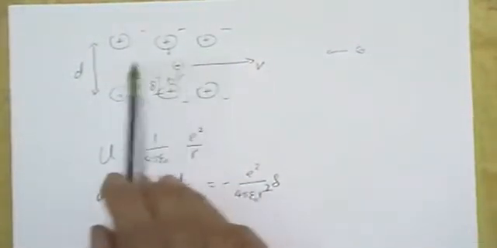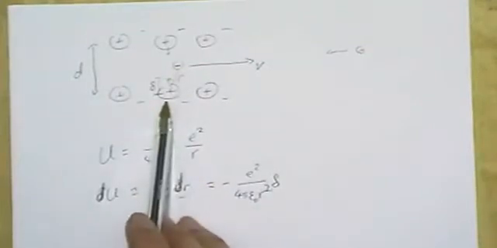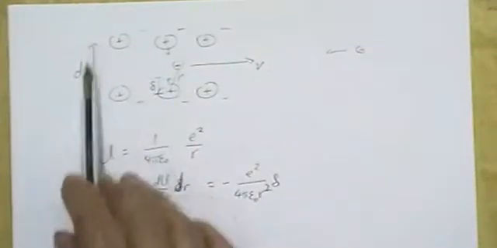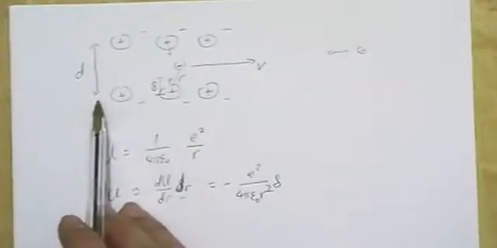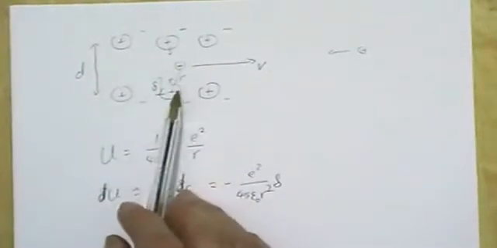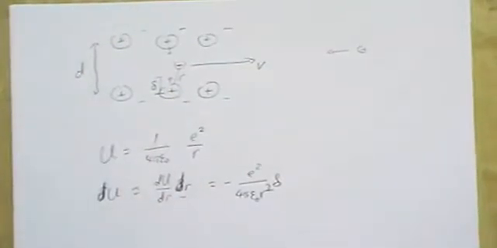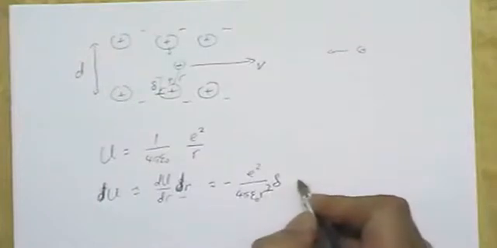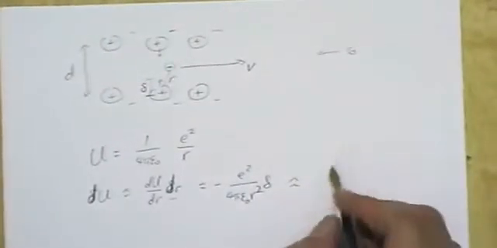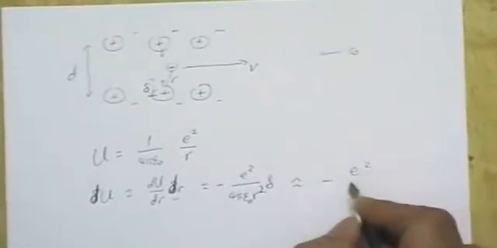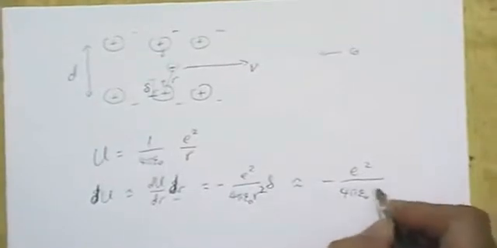Okay, so when the electron is somewhere around here, the electron will experience the attraction when it is within a range of about d. So we're going to say that this is approximately of the order of e squared over 4 pi epsilon naught with the r replaced by d.